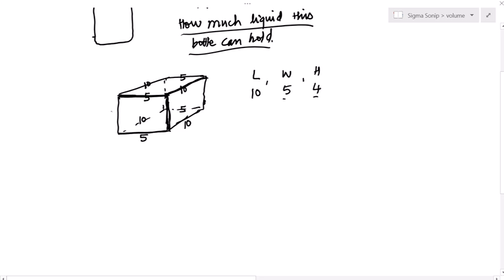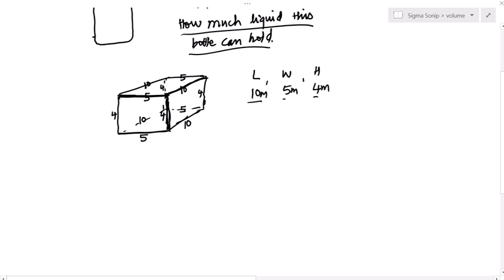And the height is 4, so this is 4, this is 4 as well, that is 4, and that is 4. In all, a rectangular prism has 12 edges. You can count 4 here, 4 in the back, and 4 connecting them. Out of 12, 4 edges will have size of 10 meters, other 4 edges will have size of 5 meters, and other 4 edges will have height of 4 meters.